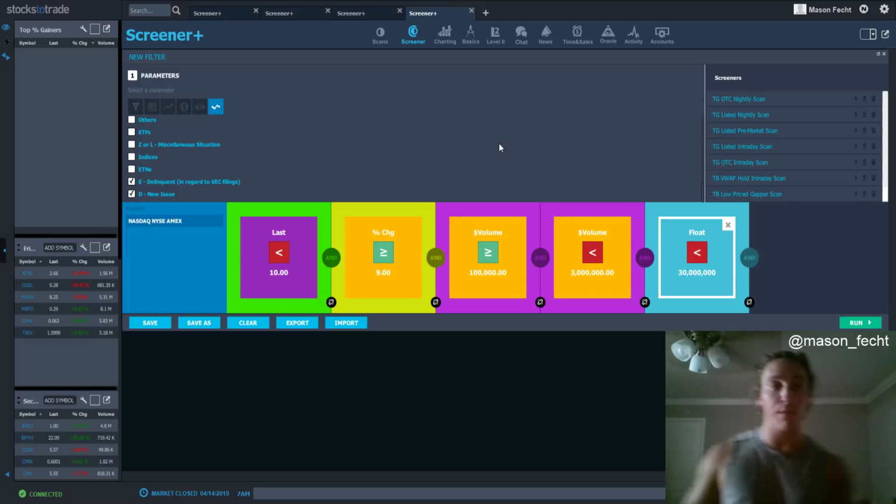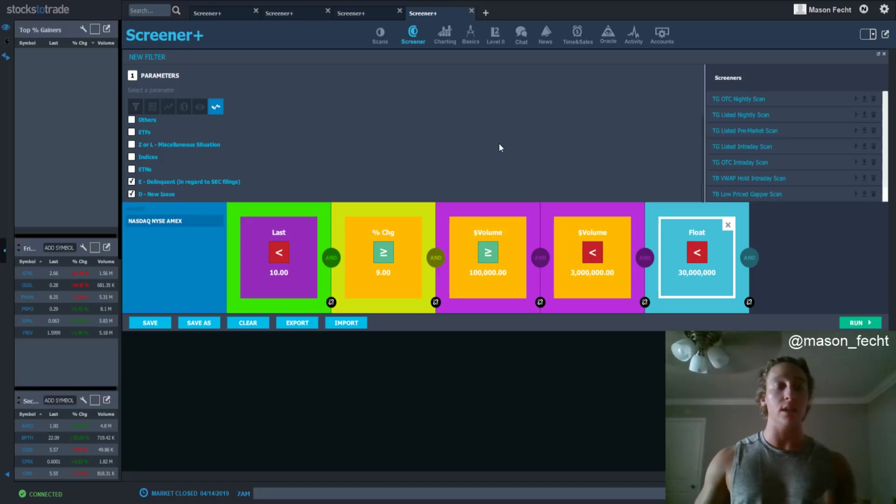So that's everything for my scanners. As I said, I only run 4 scans. I explained earlier in the video when I use each one, and I'll quickly go over it again. I have a listed intraday scan, which I use throughout the day. I basically turn that one on once the market opens.